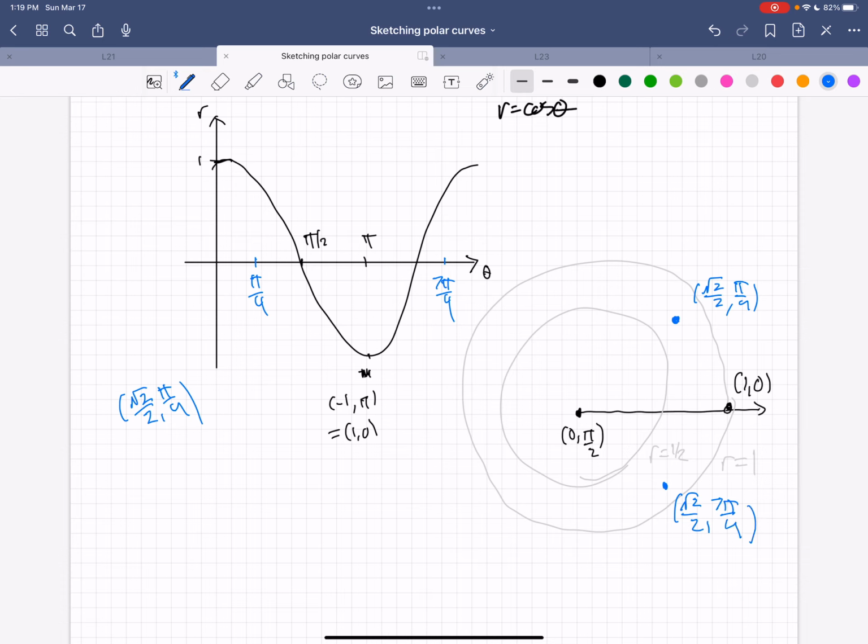Okay. A nice one I always like to look at for cos is just pi over 3, because we know then that r is 1/2. So here we can get this point along the r is equal to 1/2 radius reference point. And we'll see if we keep plotting more points, we get this circle.